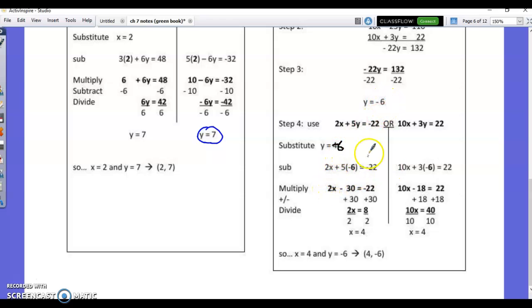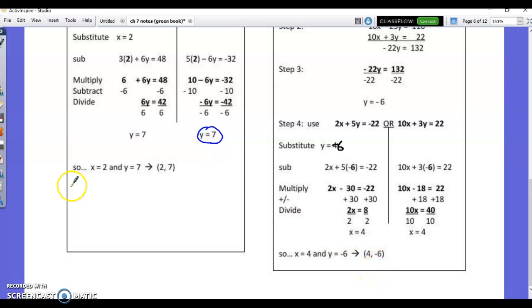So we put the -6 in for these, and then we solve for our answer, which would give us x equals 4. So this kind of just walks you through that process. 5 times -6 is -30. Add 30 to both sides because we're getting the 2x by itself. That would be 2x equals 8, divide by 2, and we get x equals 4. So (4, -6) is our answer for that problem.